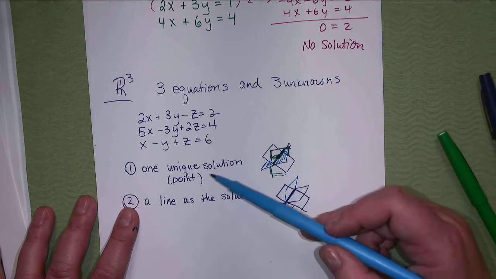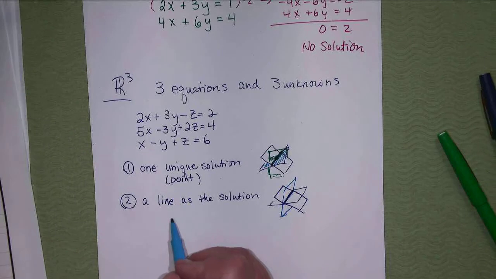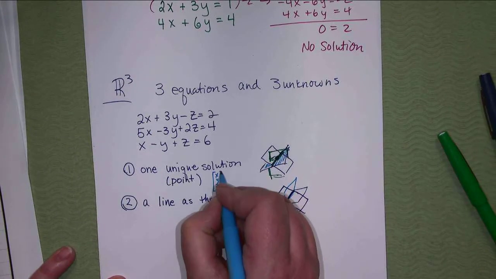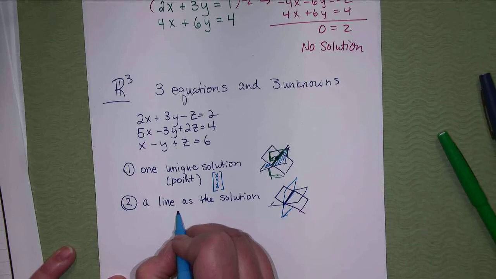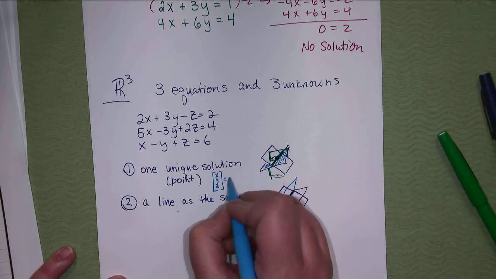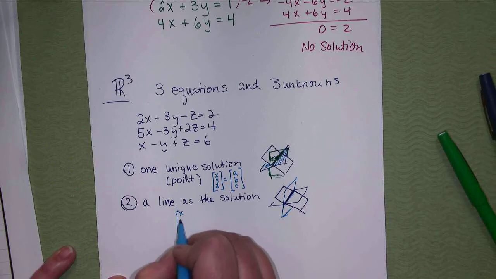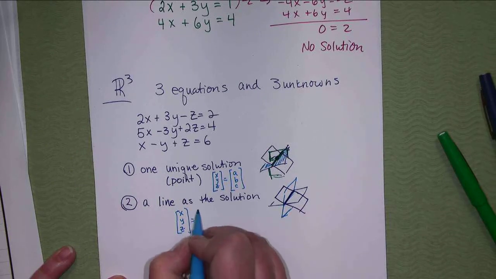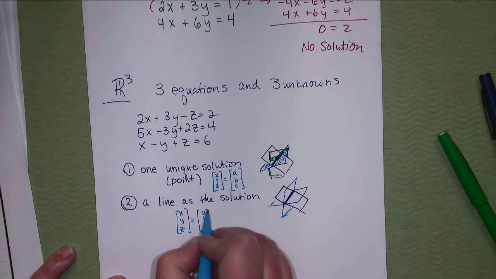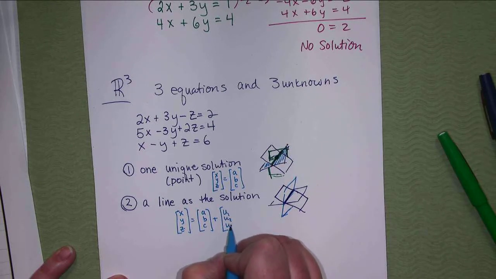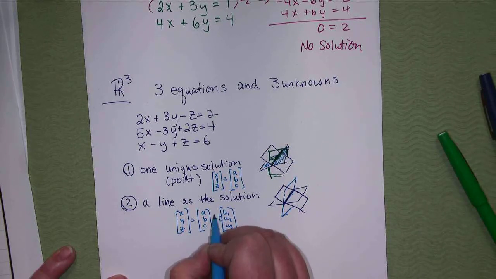So here we can have a point as a solution, a line as a solution. So this would just look like x, y, z. This one is a line as the solution. Let's do it like that. A line as the solution would look like a point plus a direction times t.